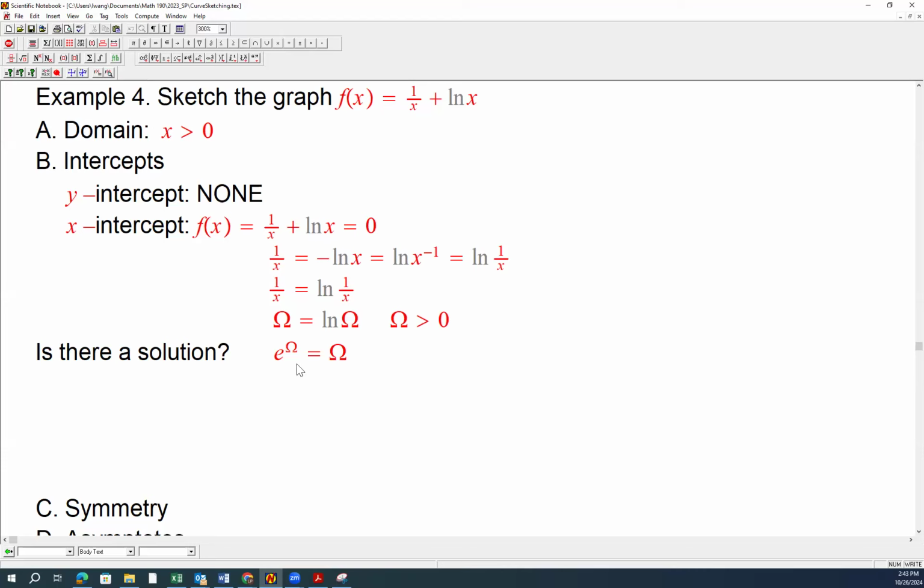This cannot be true because you can try as many numbers as you want, this is never going to be true. So there's no solution. No solution means there's no x-intercept.